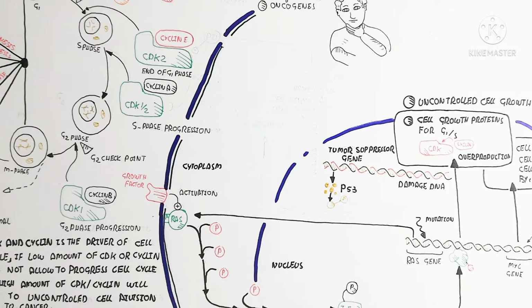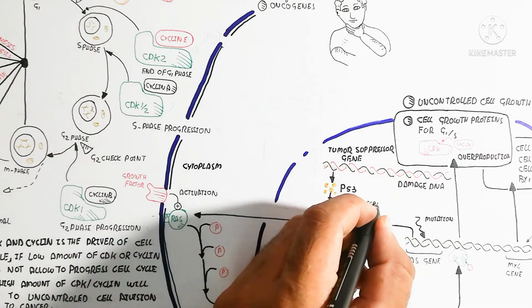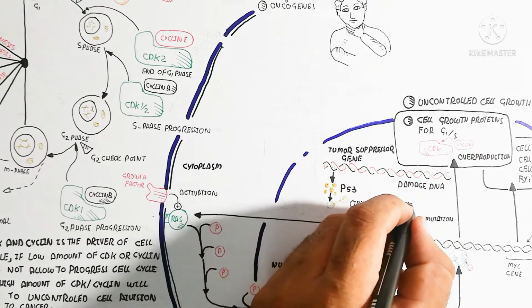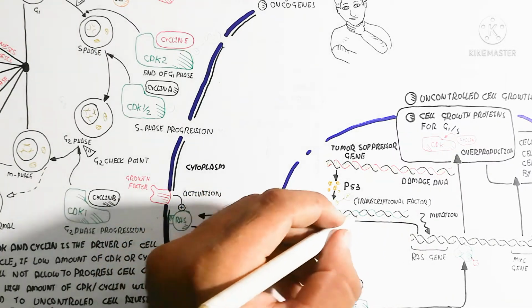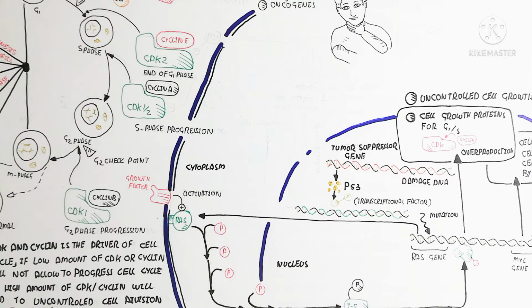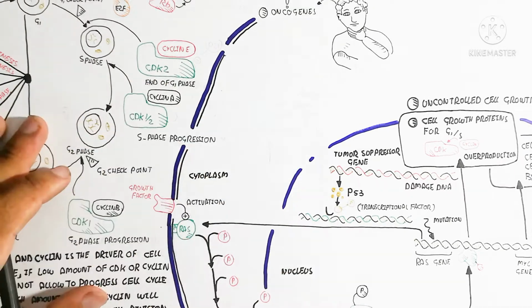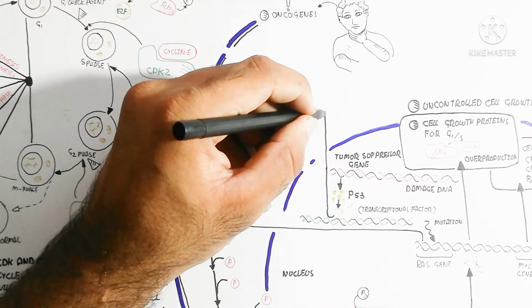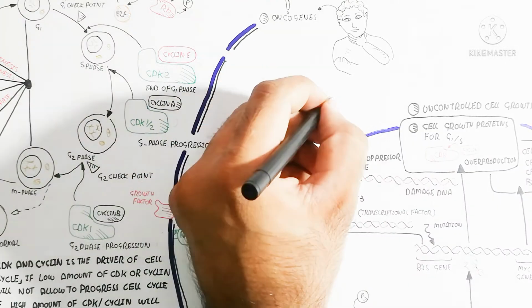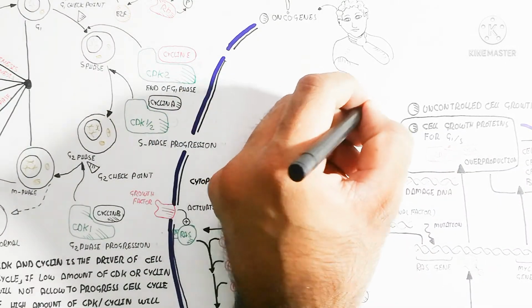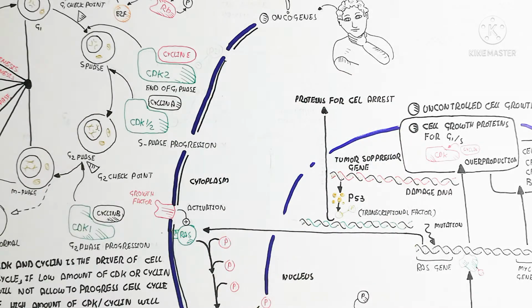So phosphorylation will occur. After the phosphorylation, the P53 with the attached phosphate binds with the DNA to produce the protein.